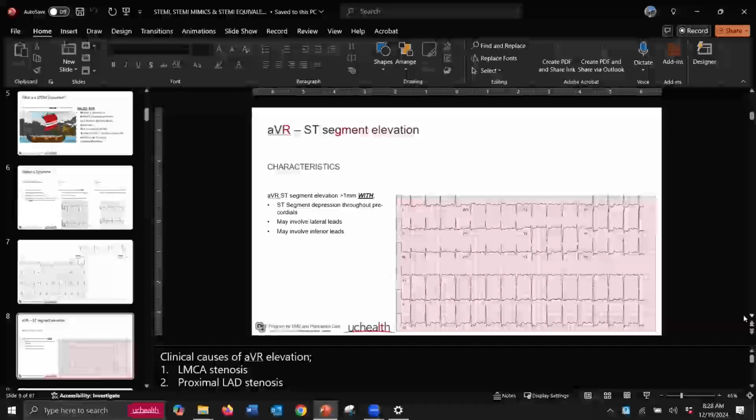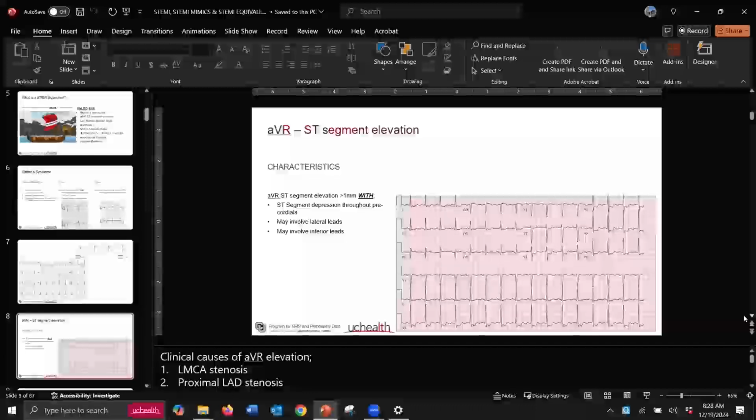Hey, Steve, makes sense? A question in the chat about Justin said that his training is that depression in the precordial leads indicates posterior involvement. Well, hold on to that thought just for a minute. I like that because it does, if it's isolated, right?